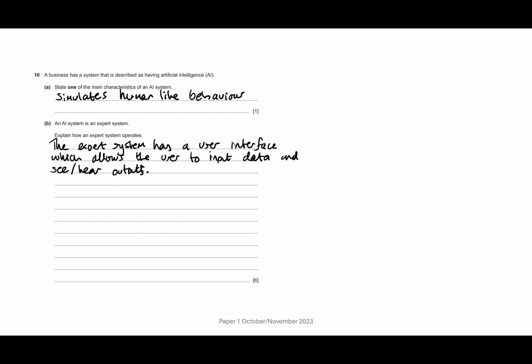Okay, next there are 3 main parts apart from the user interface of an expert system. We've got a knowledge base, a rule base, and an inference engine. So I think we need to state those and then describe how they operate. So we could either just state them or just go ahead and talk about them.